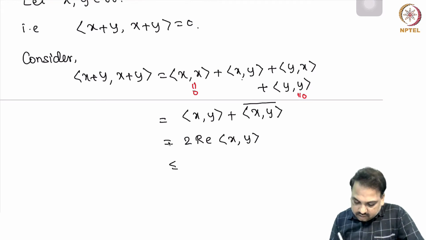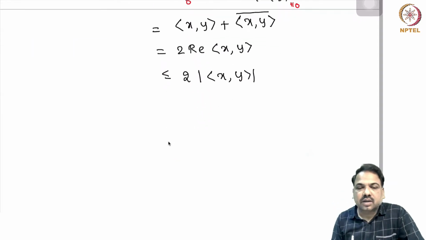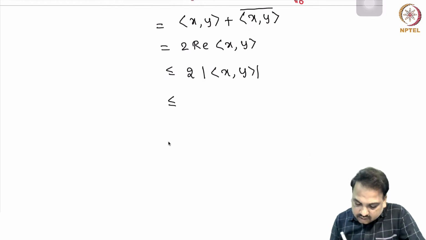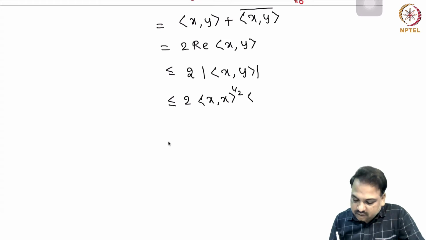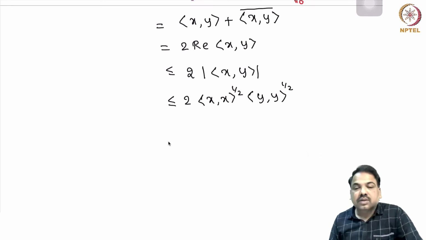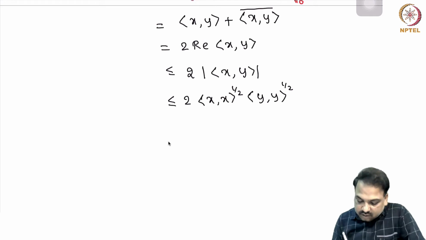Now this is less than or equal to 2 times the modulus of the semi-inner product of X with Y. Now by the Cauchy-Schwarz inequality for semi-inner product spaces, this is again less than or equal to 2 times the square root of the semi-inner product of X with itself, multiplied by the square root of the semi-inner product of Y with itself. We know that X is in N and Y is in N, so the right hand side becomes 0.